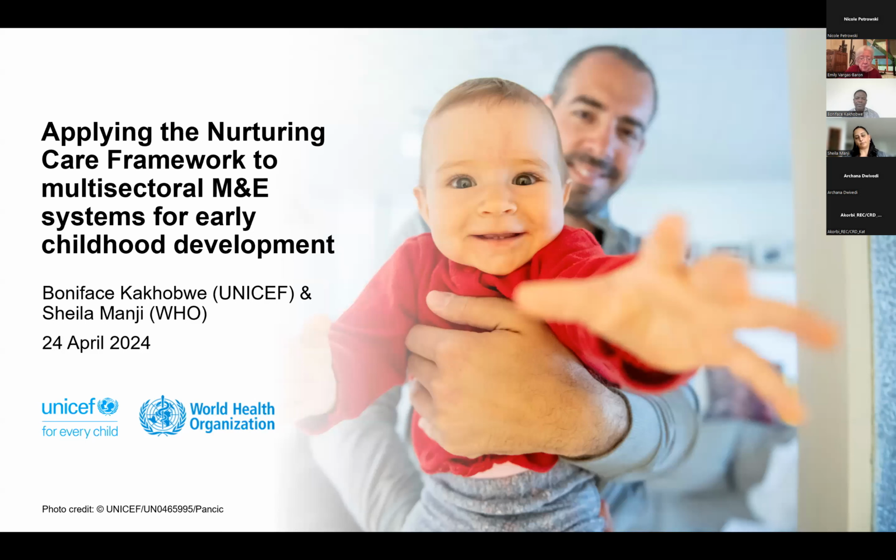In WHO, her areas of work include supporting the implementation of the Nurturing Care Framework and working with partners to develop advocacy and operational materials that can advance attention to and investment in early childhood development. She also works to strengthen health systems to provide care that will be of high quality for caregivers and their young children.